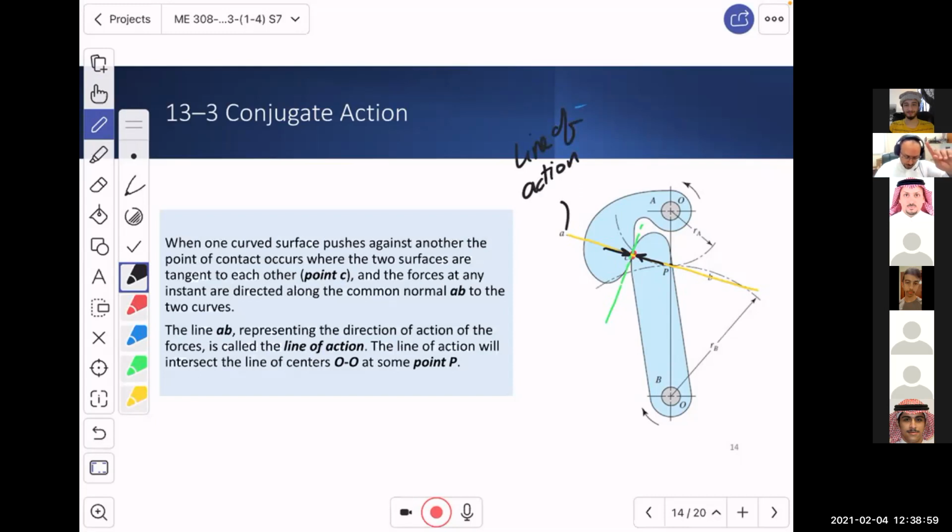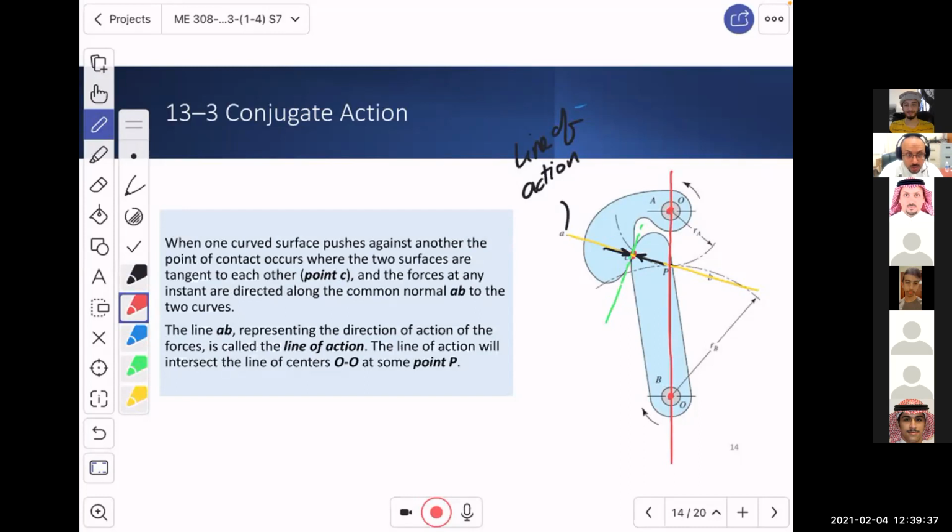Now, look what happens. If you construct a line from the center O to the center O of the other cam, then that red line is always fixed. It will never change.